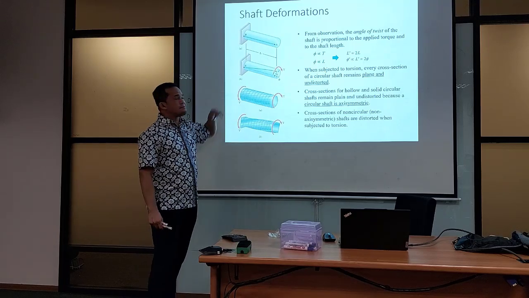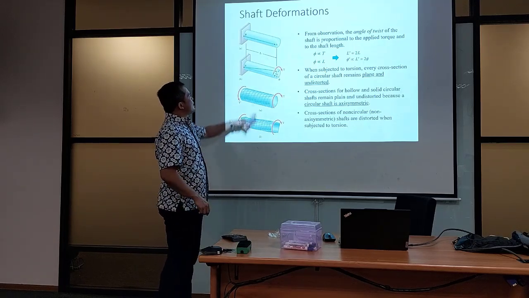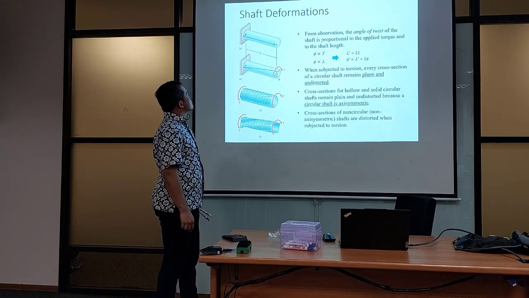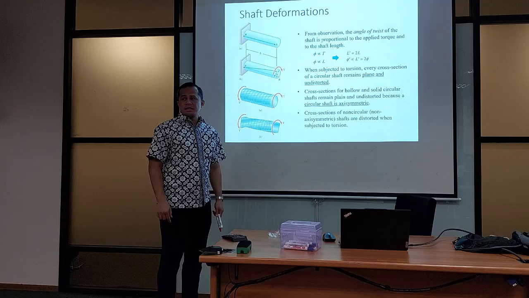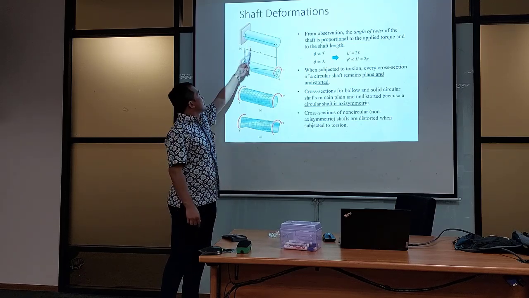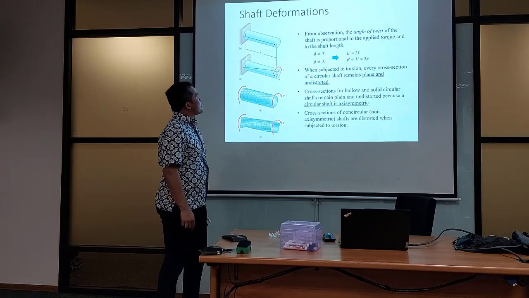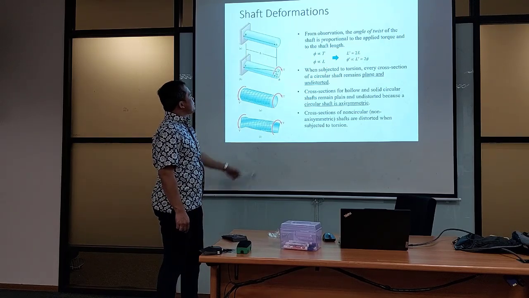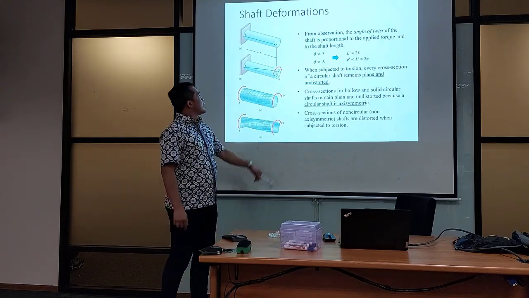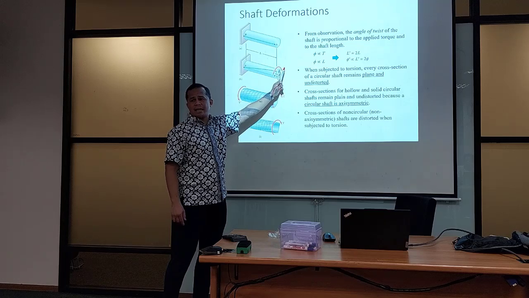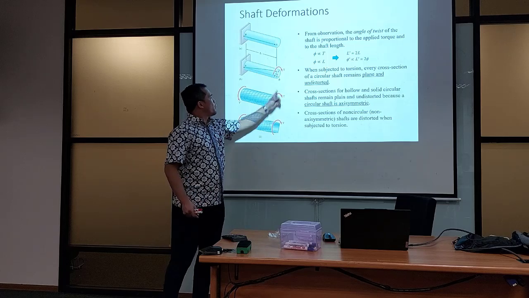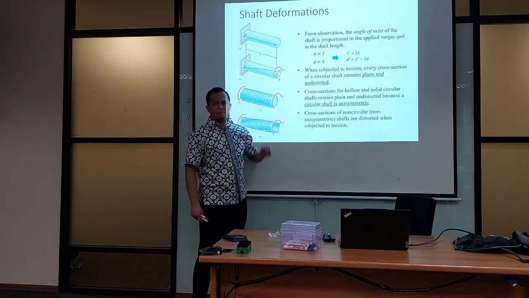Now let's see this. You have this rod. The rod is fixed on wall B, and then you are applying a torque T at A. Because of you applying torque T at A, that position A will move from A to A prime.